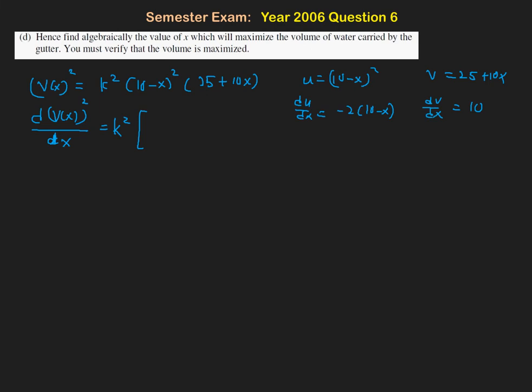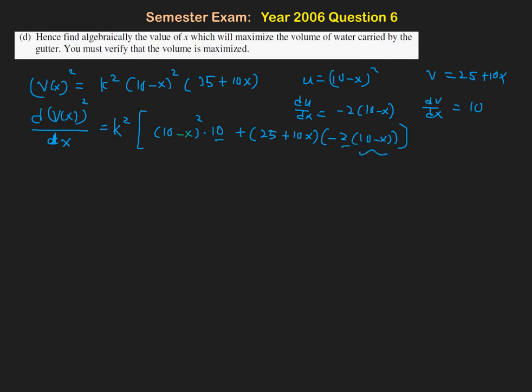So we can use the product rule here: u dv/dx, which is u times 10, plus v du/dx, which is (25 plus 10x) times negative 2(10 minus x), and there's a common factor of 2 and (10 minus x), as you can see here.